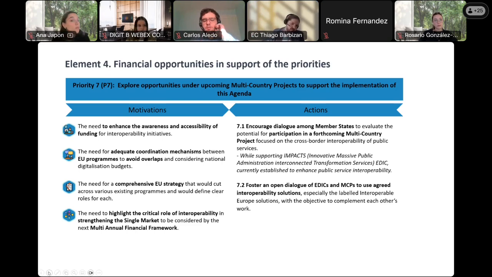And of course, this will also be supporting the implementation of the Act. I think now we covered all the priorities under the current Interoperable Europe Agenda, and we will shift now the presentation to talk about the ongoing consultation.